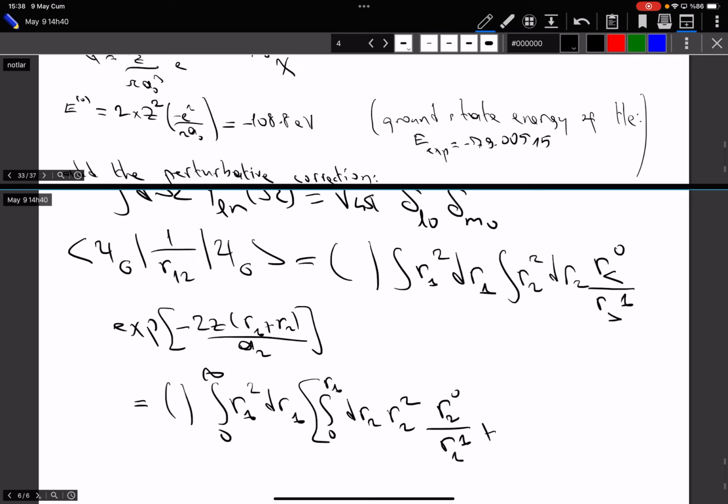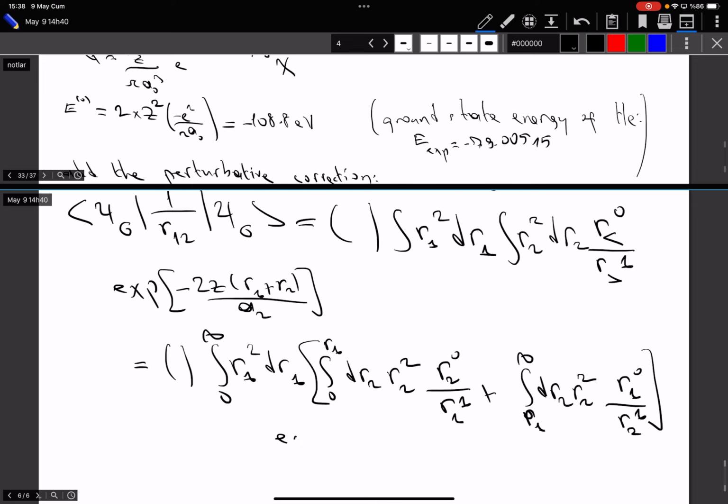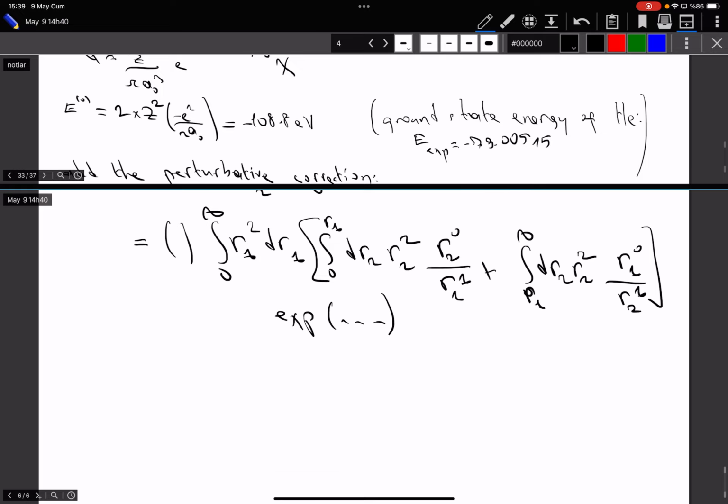Then I have the integral from R1 to infinity, dr2 R2 squared. Now the small one is R1, times the exponent, which I will not evaluate, I will just write the result.